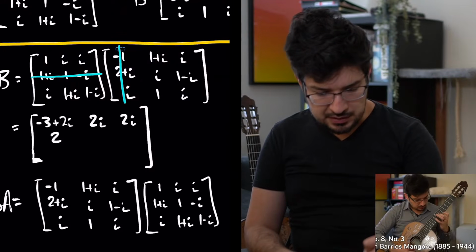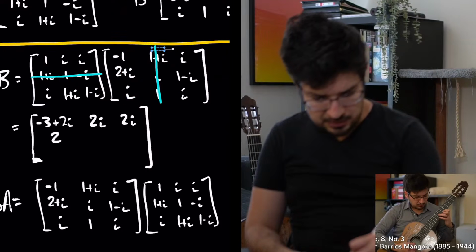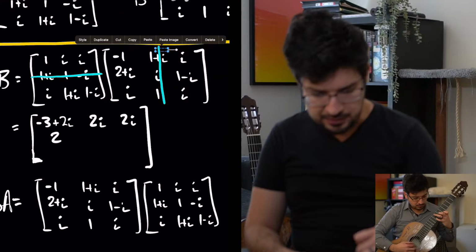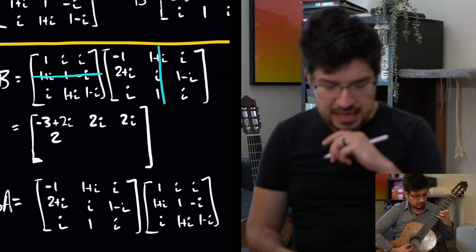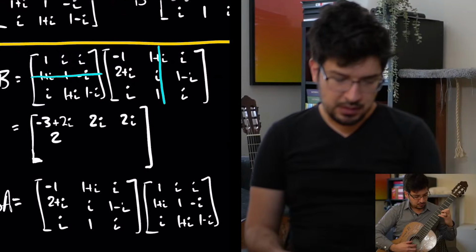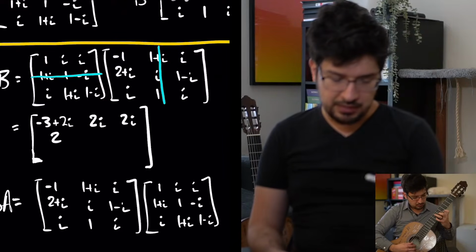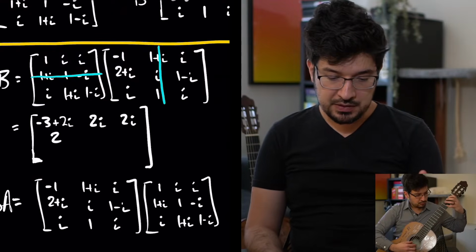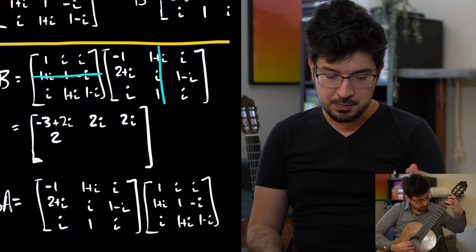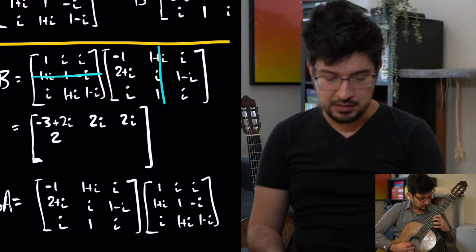Now we're going to take the dot product of that middle row and this middle column. We have 1 minus i squared is 2. 2 plus i minus i is 2.